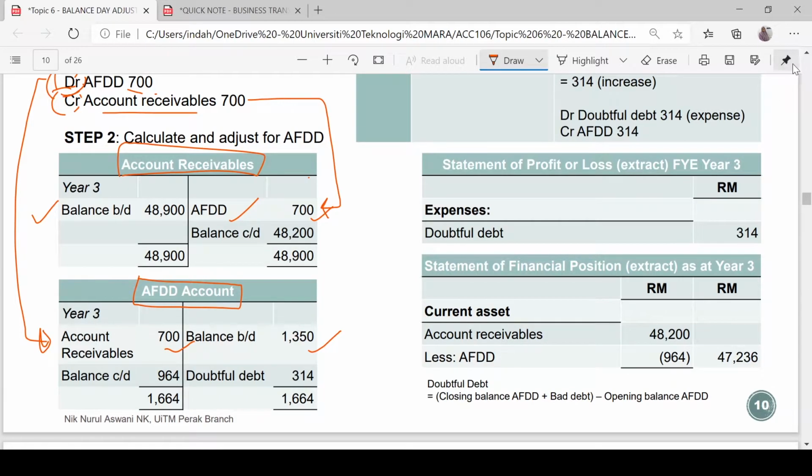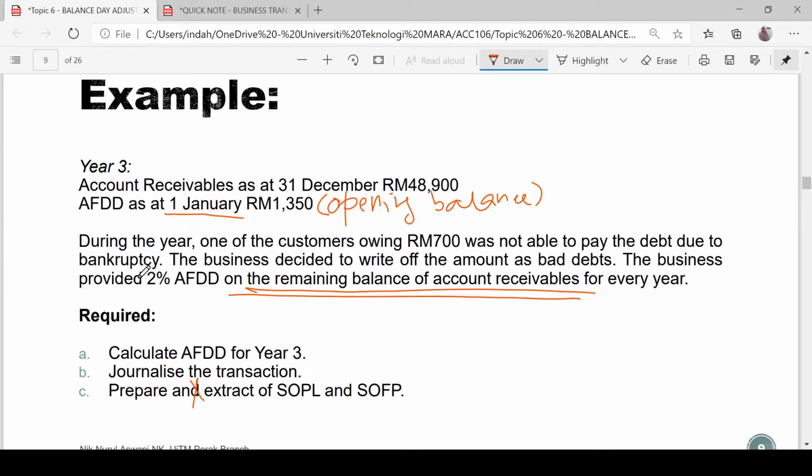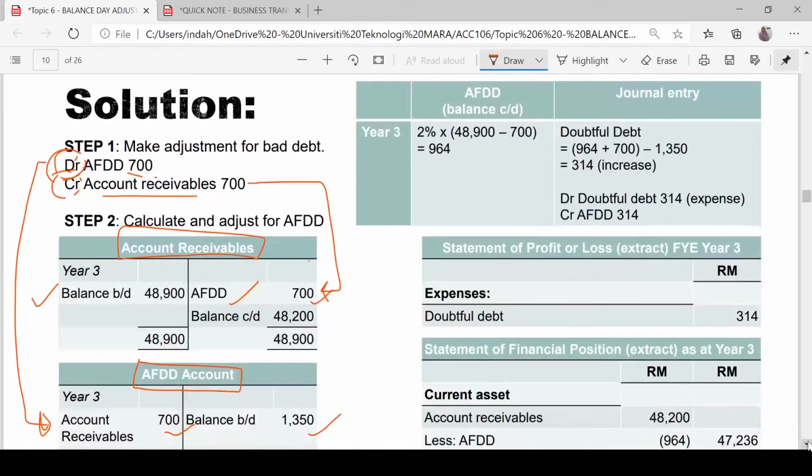Step number 2: in the question, the business provided 2% AFDD. Other than the bad debts that we have recognized in the year, we still provide for allowance for doubtful debt on the balance of account receivable. The difference between bad debts and allowance for doubtful debt is that bad debt is confirmed: you cannot collect or recover the money from your receivables.